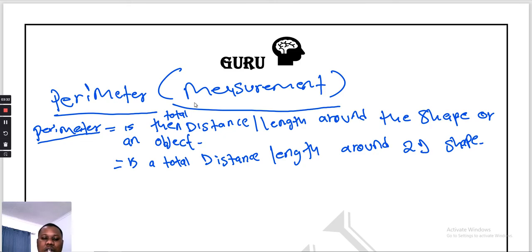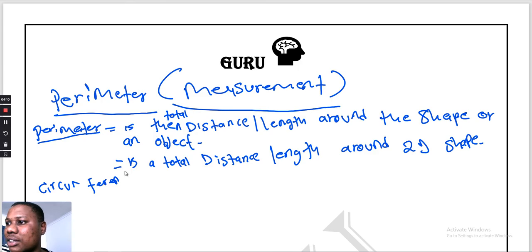When we deal with the perimeter, we are also going to take into account what we call the circumference. What is the circumference? I'm just going to write the definition so that we understand it.